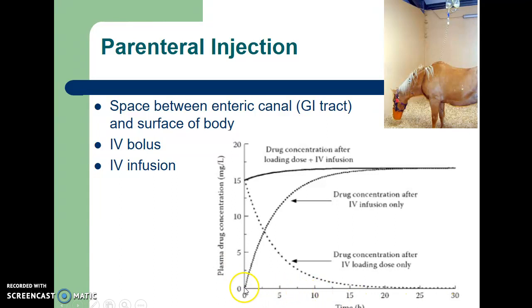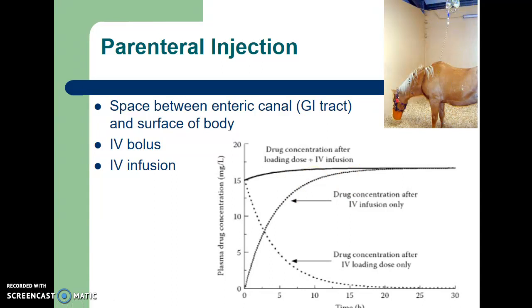And so as we start, if we put in a catheter and we start to give an IV infusion directly into the vein, the drug concentration is going to, depending on how fast we're dripping it, and this is a horse getting an IV infusion.